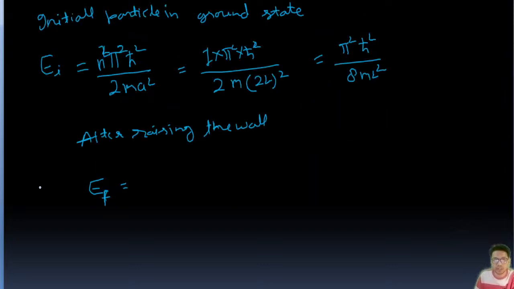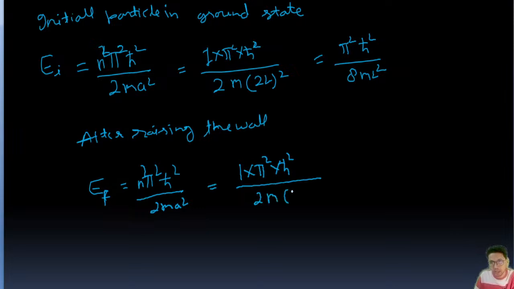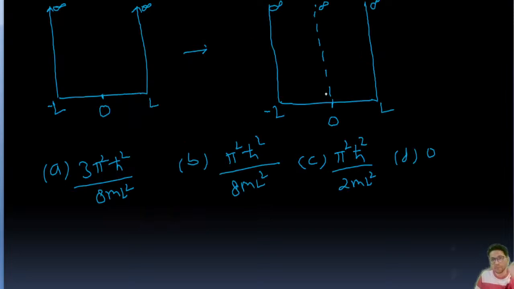The energy is n square pi square h cut square upon 2ma square, so 1 into pi square h cut square upon 2m, and a is L here because now the length is L, because it is divided into two equal parts.